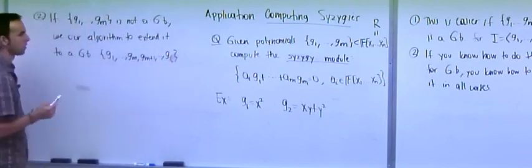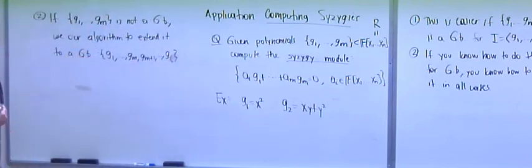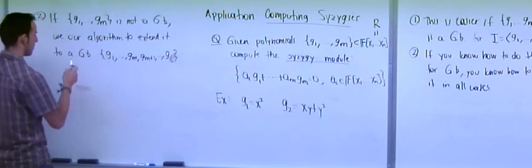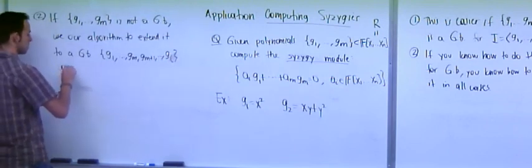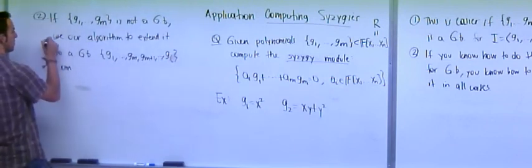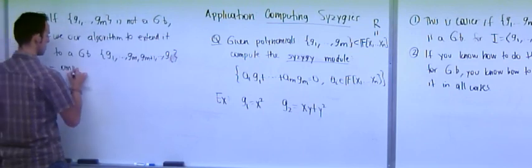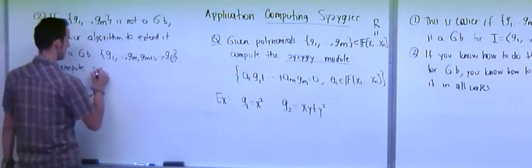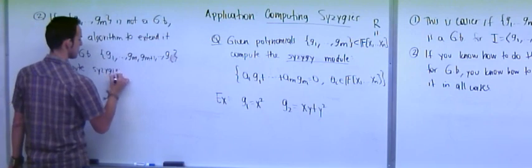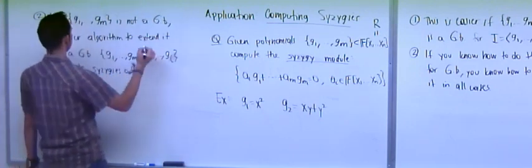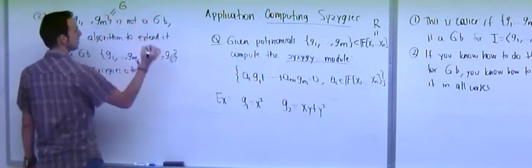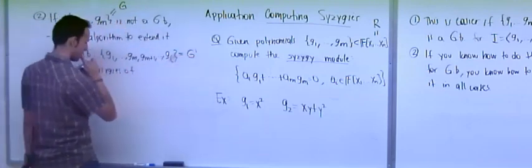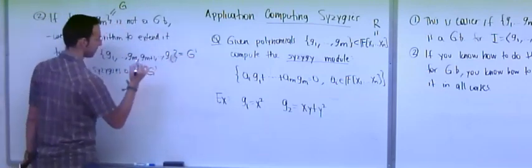Okay? Which is what we did over there. Then the next thing you would do is just compute the syzygies of that guy. This is the first step. The second step is compute syzygies of the new guy. So let's call the old guy G, the new guy G prime. So you're going to compute the syzygies of G prime. Okay?